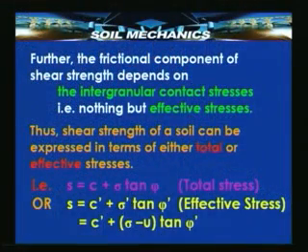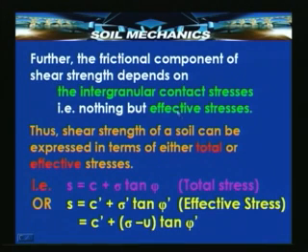Now if you see this next slide, it shows very clearly that if we use total stresses, then we will have shear strength given by the expression c plus sigma tan phi. If we measure the pore pressures and calculate the effective stress sigma dash, then the shear strength can be expressed in terms of the effective strength parameters c dash and phi dash, and the stress sigma dash, which is the effective stress, will depend upon the total stress applied and the measured pore pressure u.